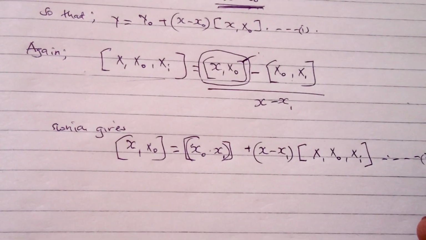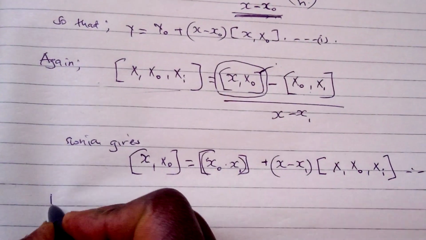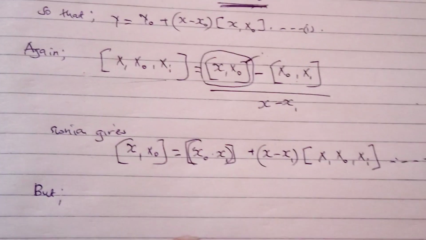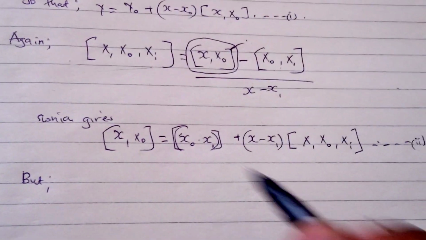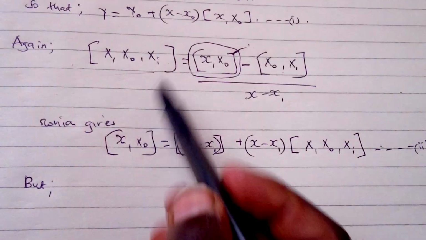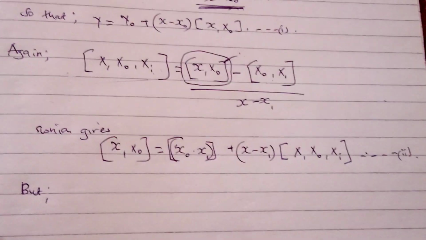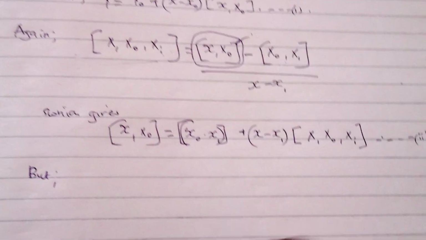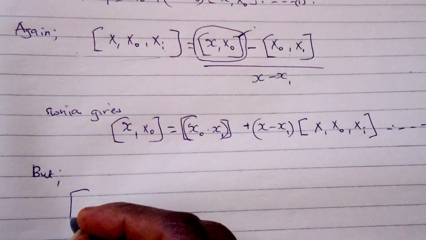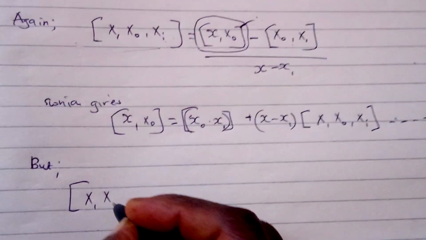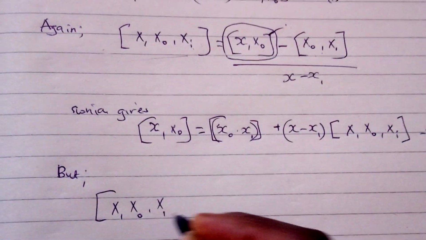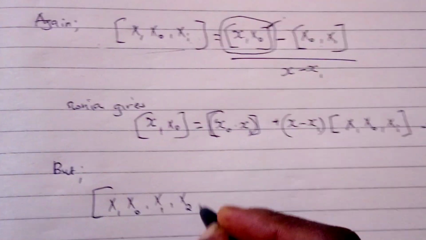So continuing, what if we add another x in this? This is x1, so we are going to have another x2. So what are we going to have? We have x naught, x1 and x2.